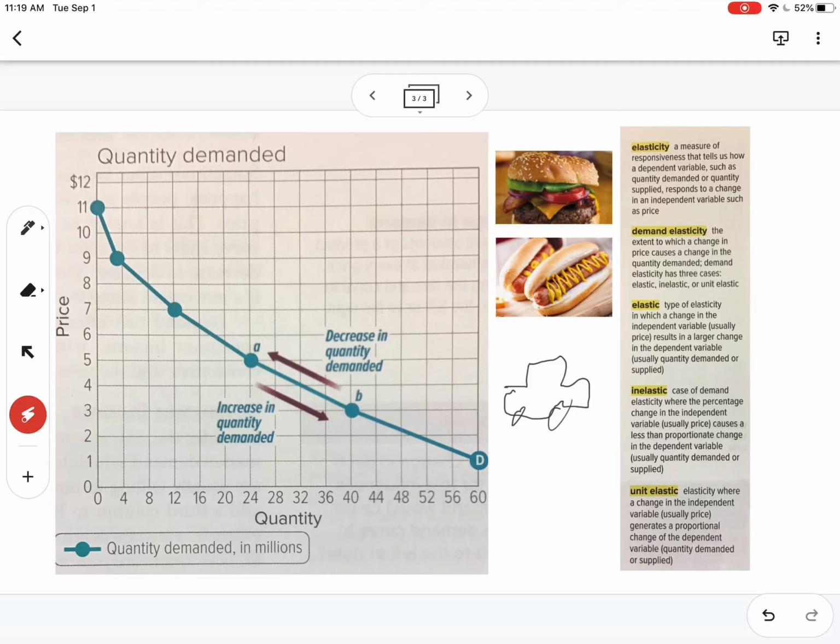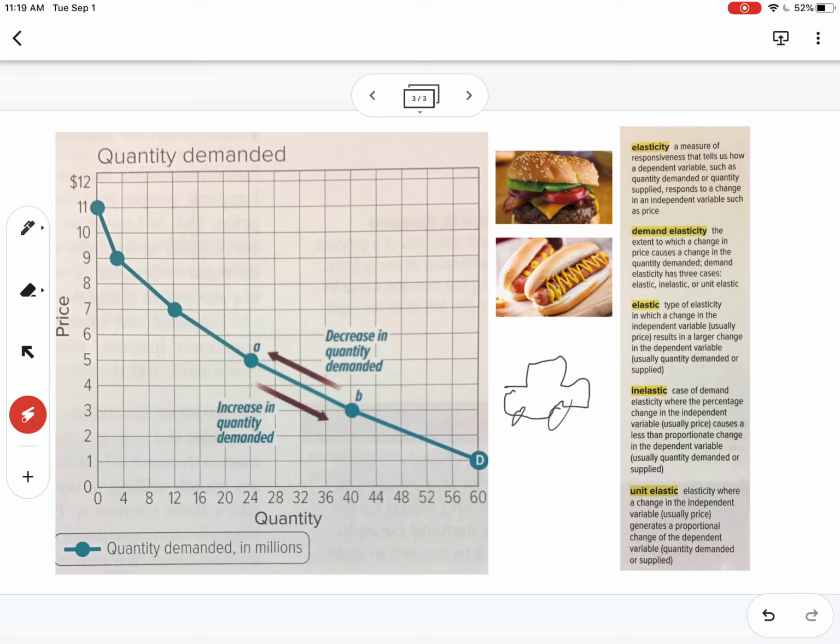So your demand for an expensive car might go up because your income went up. And then once again, if you started out at $100,000 and you bought all these fancy cars all the time, but then your income went down to $60,000, your demand for those expensive cars would go down because your income changed. You can no longer afford them.